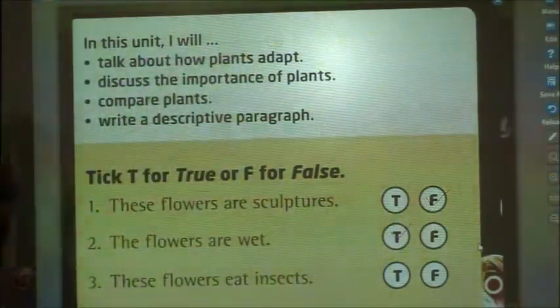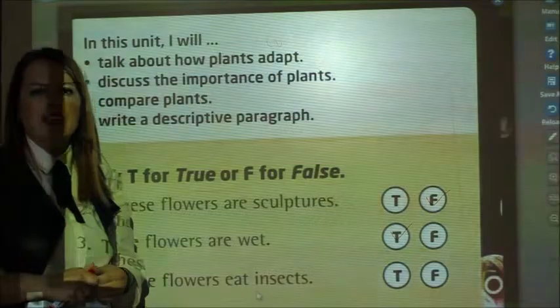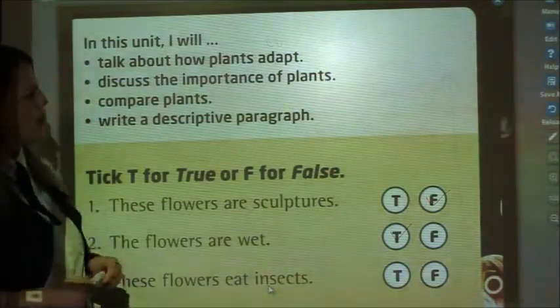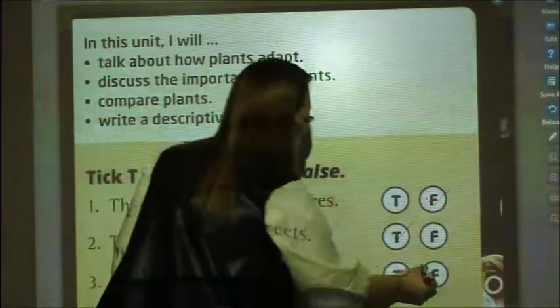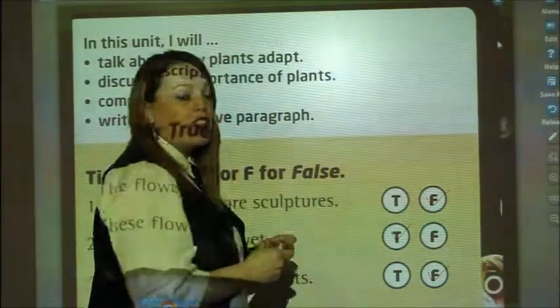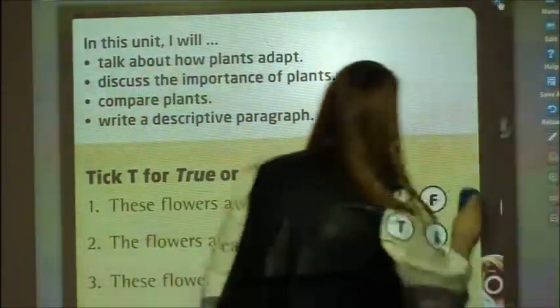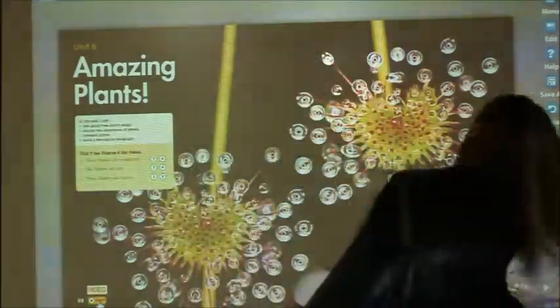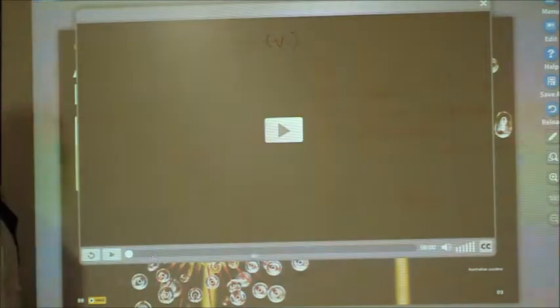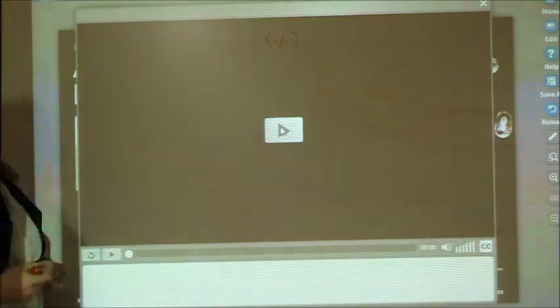And these flowers eat insects. I don't think like that, so this is false. Maybe we can change our minds when we go forward through the book. So let's watch the video about the unit.